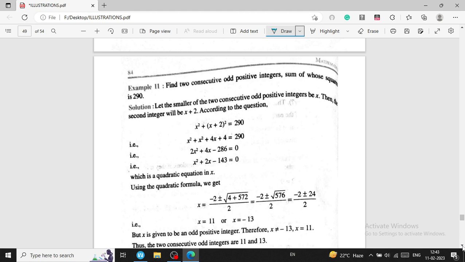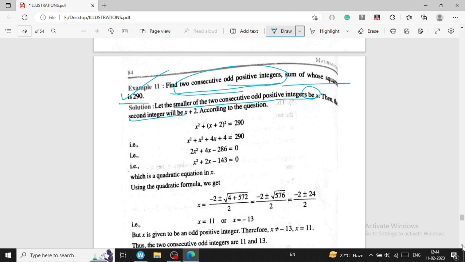The next example is: find two consecutive odd positive integers, the sum of whose squares is 290. First of all, assume the smaller of the two consecutive odd positive numbers is x. Then the second integer will be x plus 2, because we have to take odd positive integers.